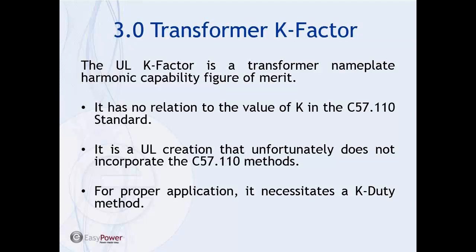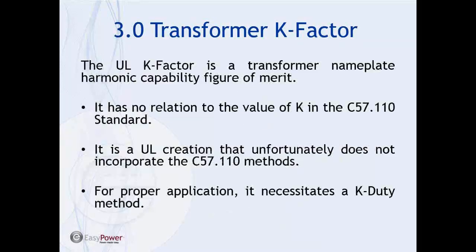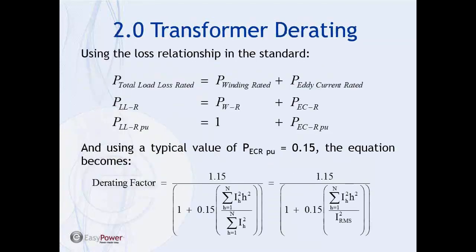And for proper application, it's my opinion, and also of several others in the industry that I know, that it really necessitates performing a K-duty method calculation. And I'll explain that. Now, the UL equation is shown here. Again, you're summing the harmonic currents squared times the harmonic squared, which, if you go back, is the component that really deals with the eddy current losses.